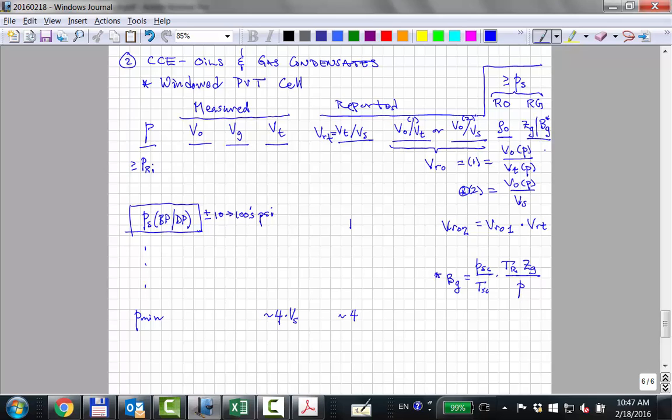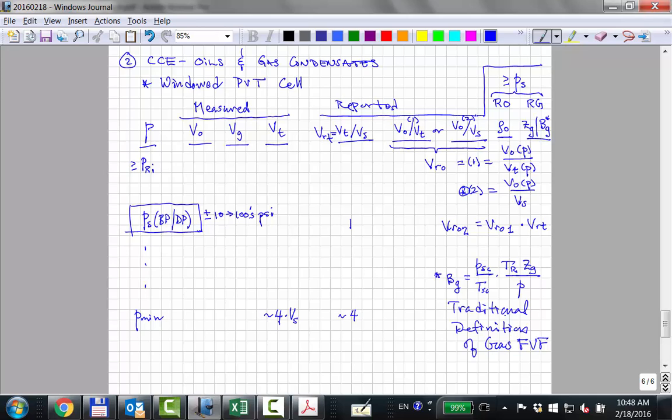It's just the traditional definition of the gas formation volume factor. We're going to talk about this in great detail next week and the week following, so we'll get to that. But how do they measure this FG?